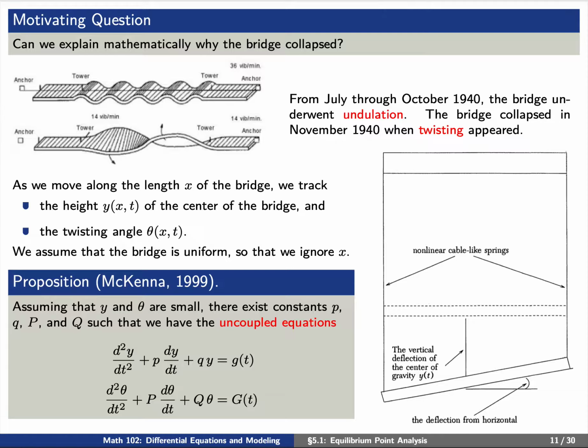That is, the variable y has an equation of the form y double prime plus p times y prime plus q times y equals some forcing function g of t, and theta double prime plus capital P times theta prime plus capital Q times theta equals some forcing function capital G of t.